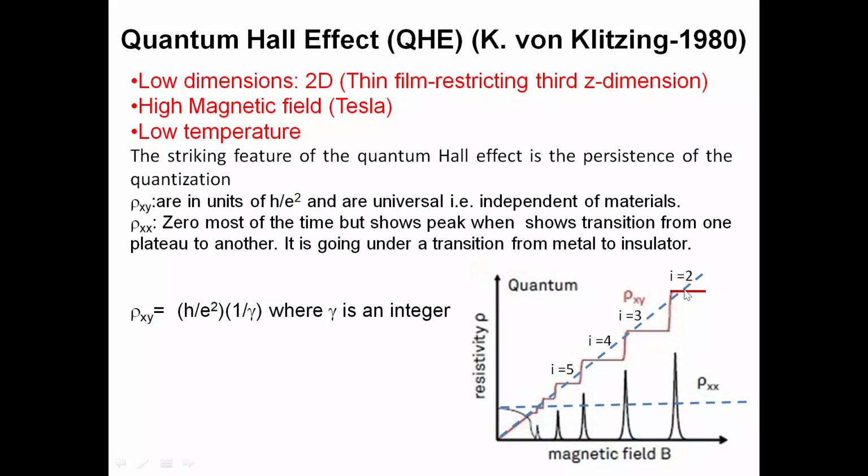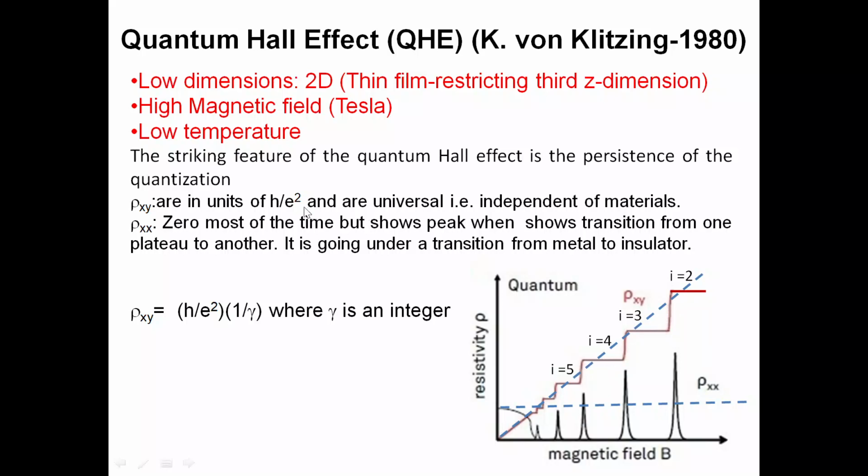So basically, we don't have all possible values of resistivity. We have this value, this value, this value, and so on. And interestingly, these values are in units of h by e square. This value is a multiple of h by e square, this value is a multiple of h by e square, and this value too.